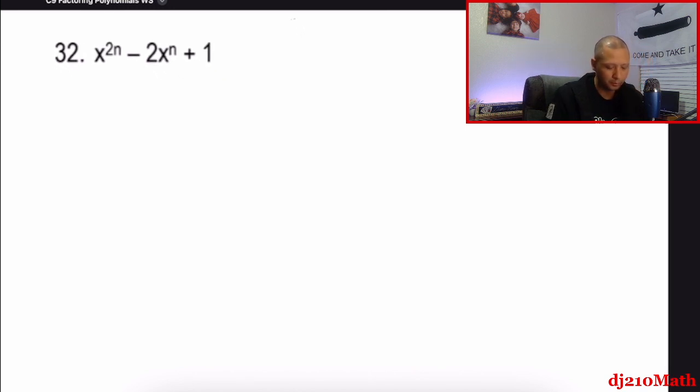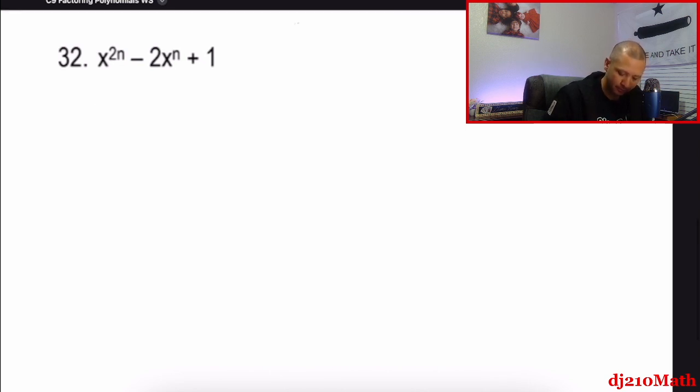So 2 numbers that multiply to make 1 that add up to negative 2. 1 and 1, right? Negative 1 and negative 1. Negative 1 times negative 1 is positive 1. Negative 1 plus negative 1 is negative 2.